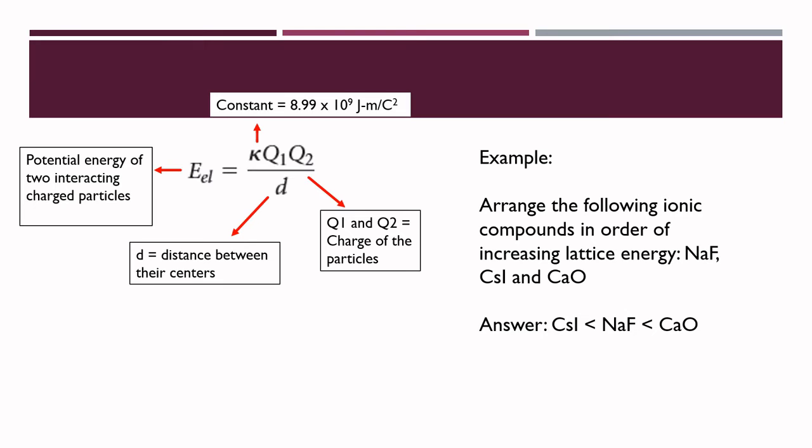For example, if you arrange the following ionic compounds in order of increasing lattice energy, cesium iodide will be the lowest because cesium is +1 but its size is big. Sodium fluoride has a +1 charge, but sodium is smaller than Cs, so it has more lattice energy than cesium iodide.